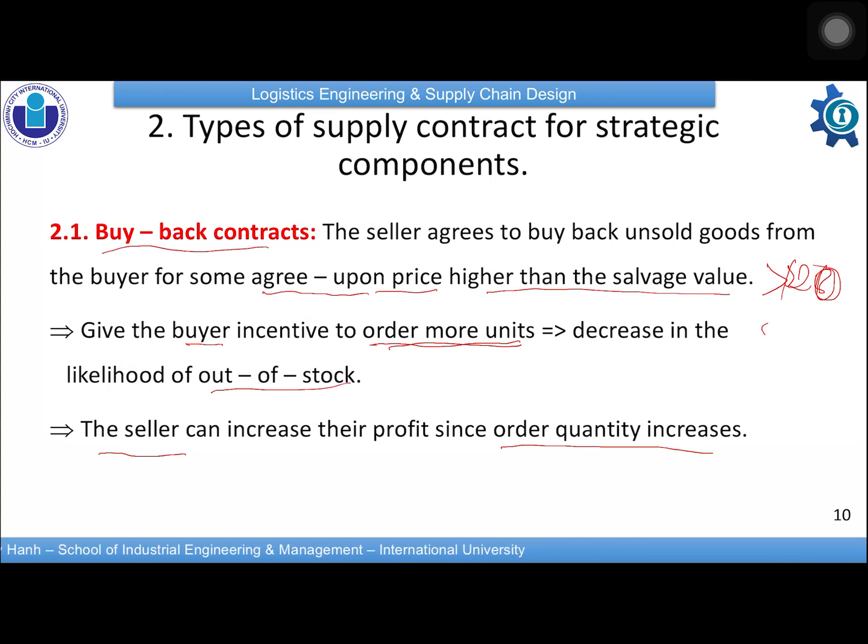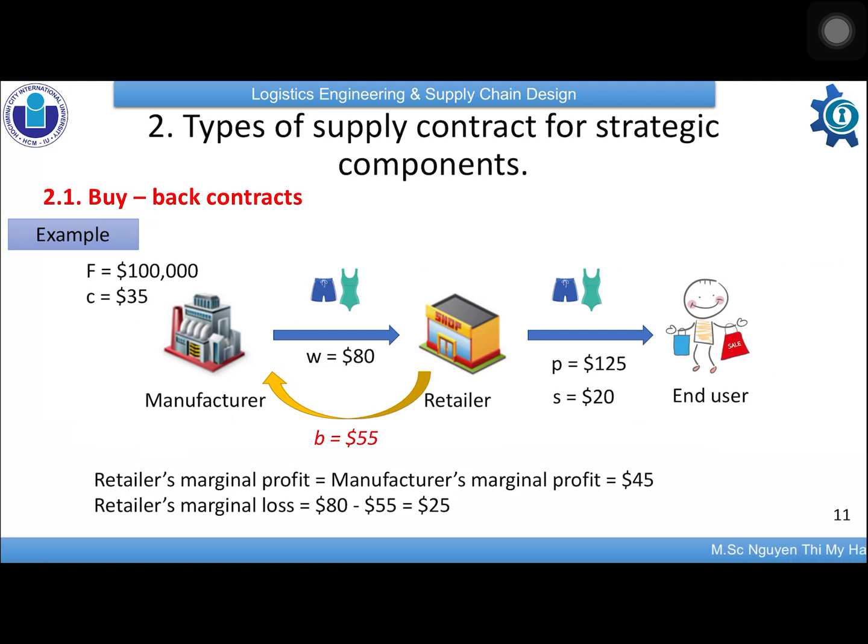So we see that both buyer and seller benefit when they sign the buyback contract. But let's see the example from earlier. All the information is the same as the first example, but the difference is between the supplier and the retailer.